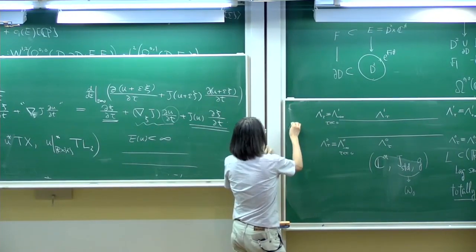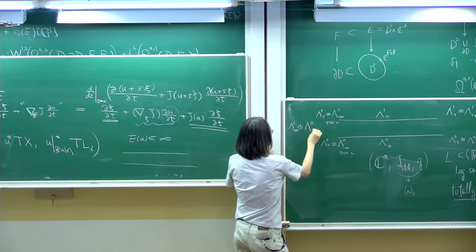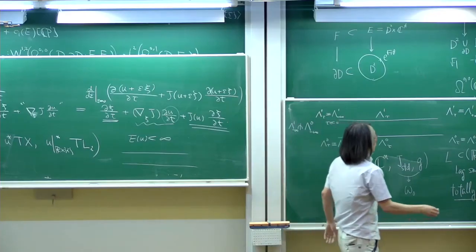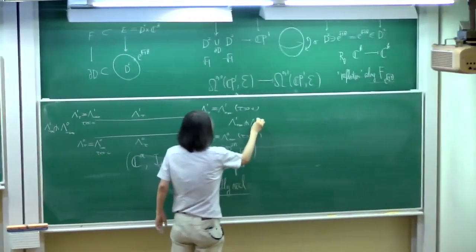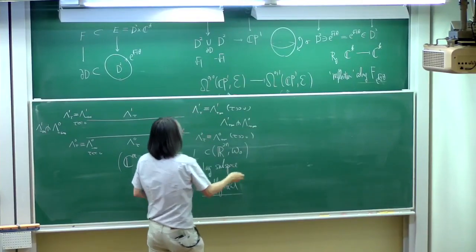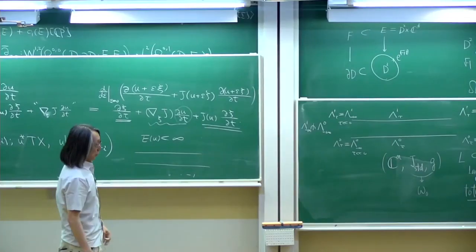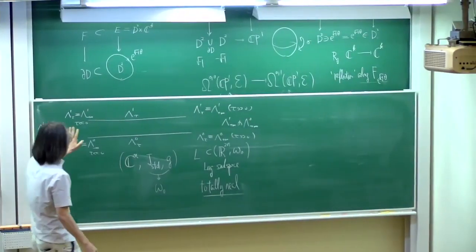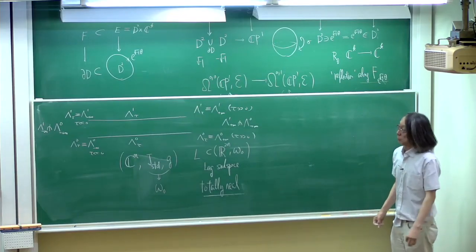So lambda 1 of minus infinity is transversal to lambda 0 of minus infinity, and lambda 1 of plus infinity is transversal to lambda 0 of plus infinity. I just assume such a thing. Okay, and then I consider the index problem.